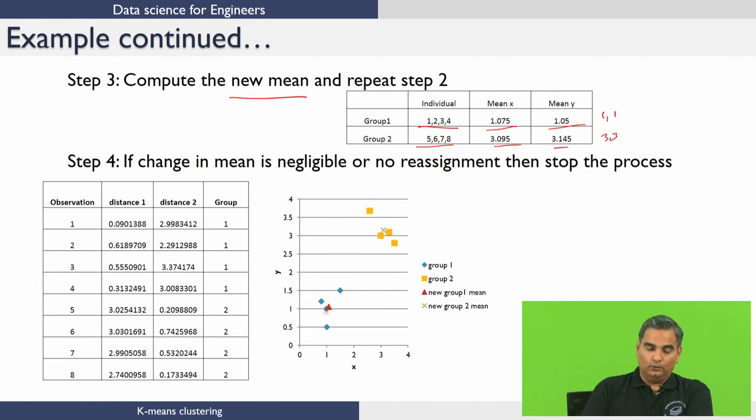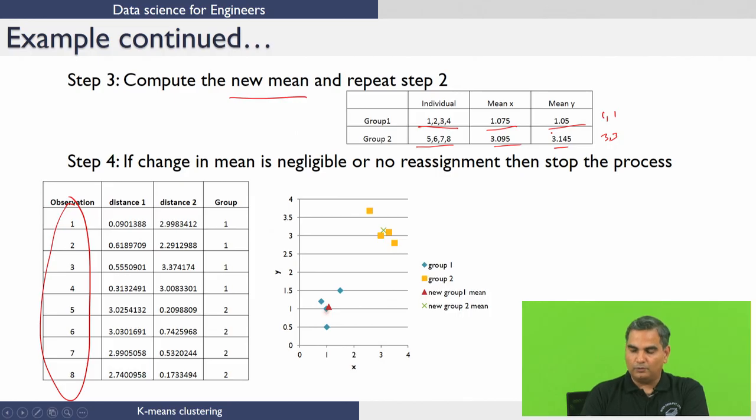Now, you redo the same computation, because I still have the same 8 observations, but now group 1 is represented not by 1 1, but by 1.075 and 1.05, and group 2 is represented by 3.095 and 3.145 and not 3 3. So, for each of these points you can again calculate a distance 1 and distance 2, and notice previously this distance was 0, because the representative point was 1 1.